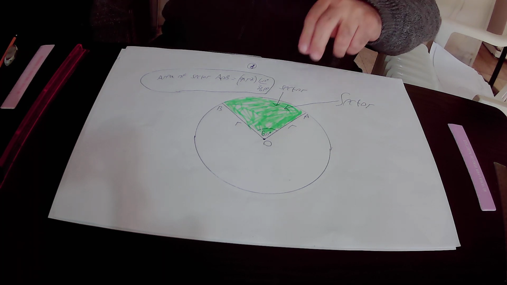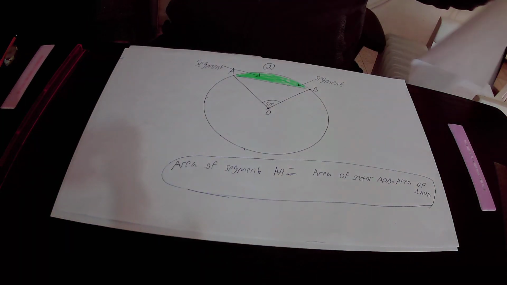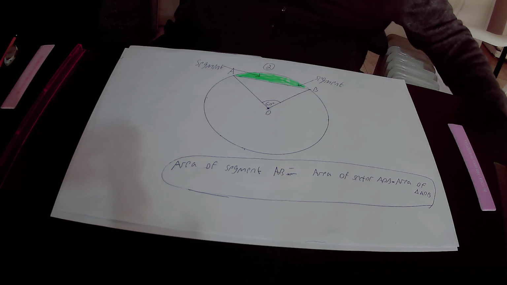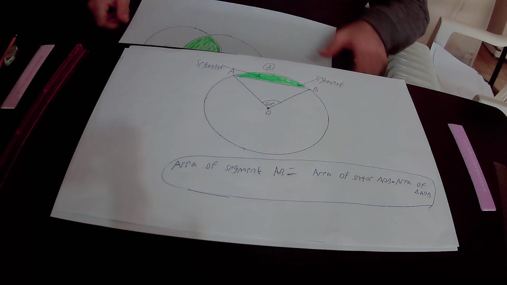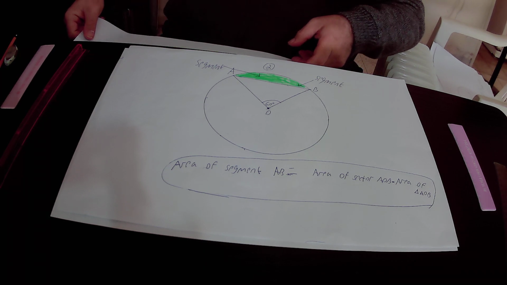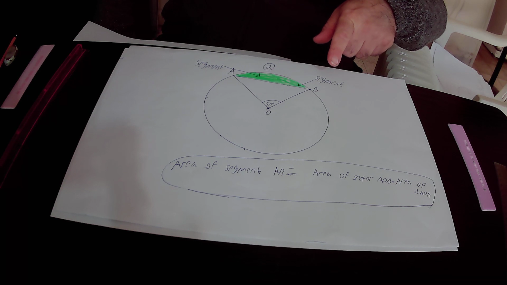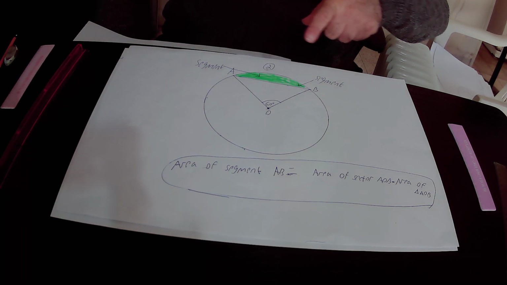And we have another term that is actually segment. Segment is the area that is bounded by arc AB and chord AB. Okay?